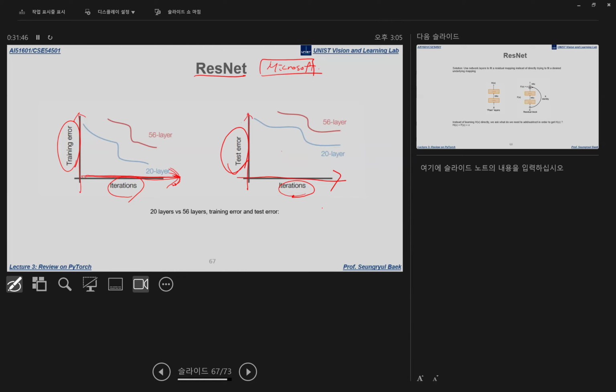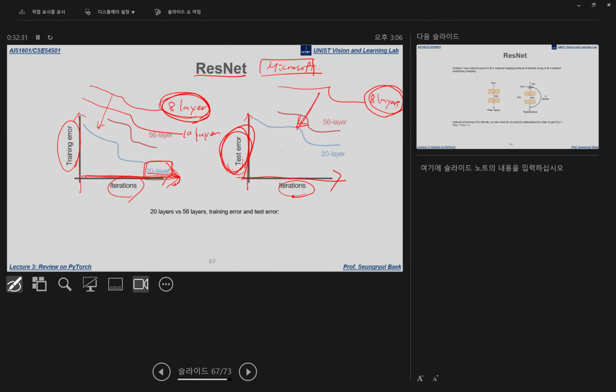If the model has fewer than 20 layers, like AlexNet, and we stack more layers onto that model, both the training error and the testing error are reduced. Because this is not accuracy but error, less is better. From the 8 layer curve, maybe this would be the 10 layer curve.